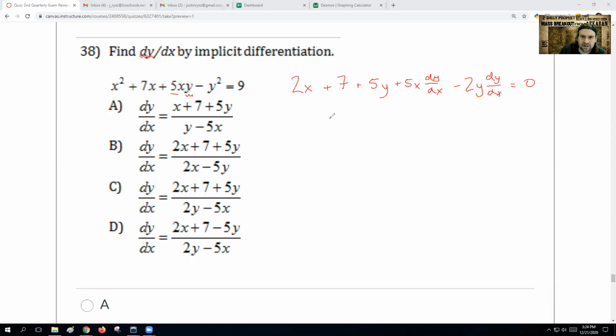Anything that doesn't have a dy dx, move it over to the other side, and then we're going to divide by what's on the dy dx. So we would get negative 2x minus 7 minus 5y, over 5x minus 2y. Now, if we want to make these positives, we just need to switch the order here. So make it 2y minus 5, and that looks like C would be the right choice.